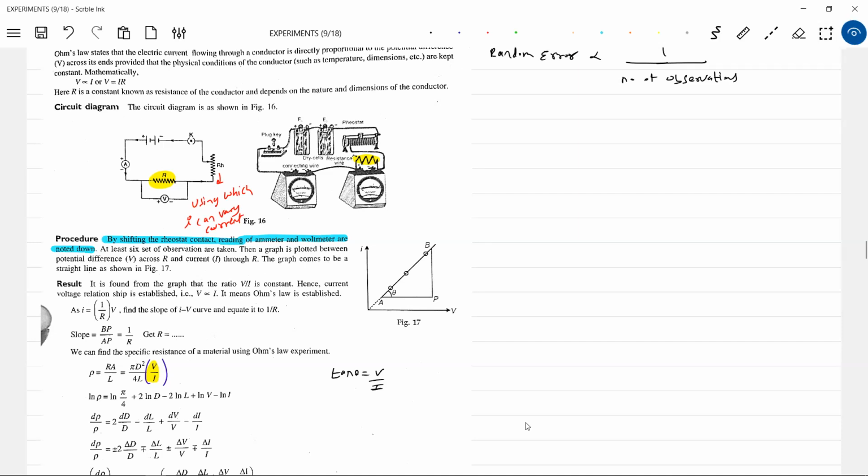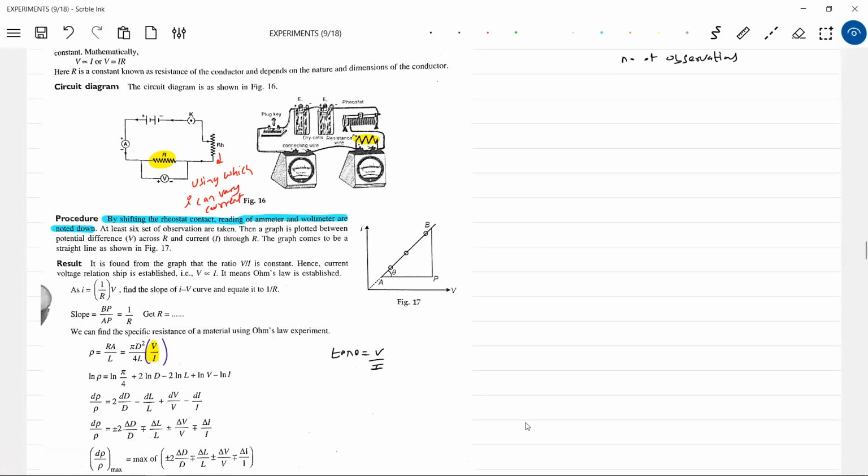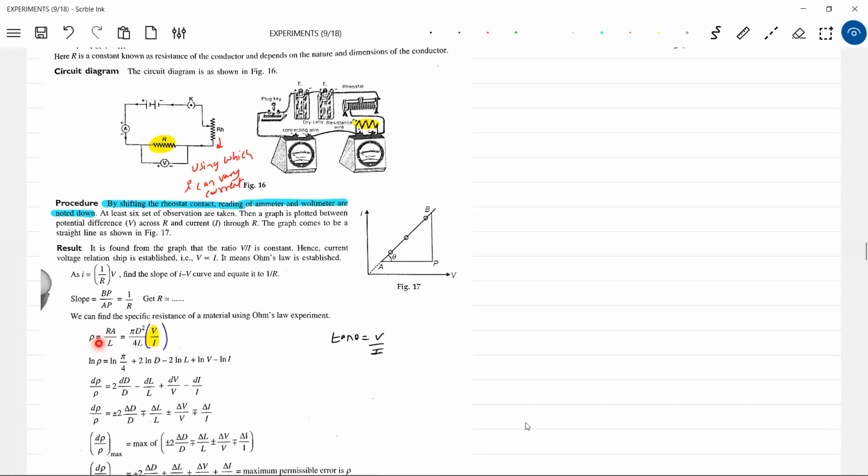Okay, let's get into this particular thing. After getting the resistance, what happens next? We get the resistivity of the material, or specific resistance.